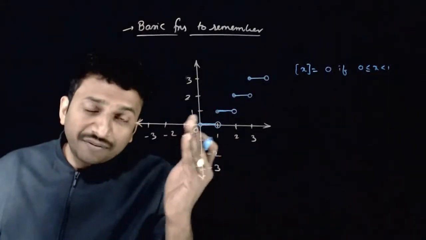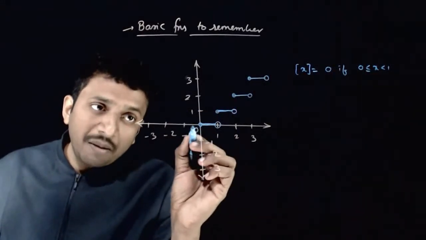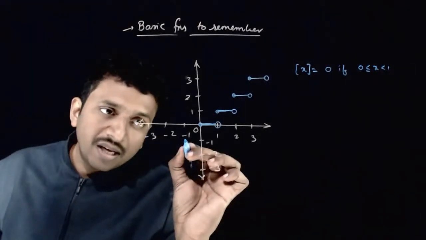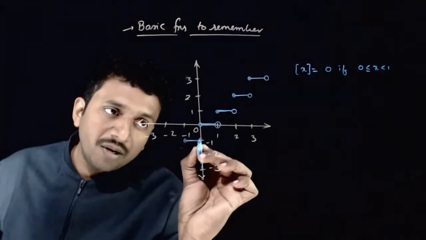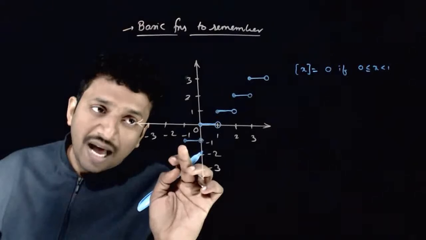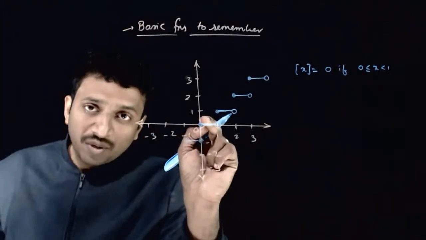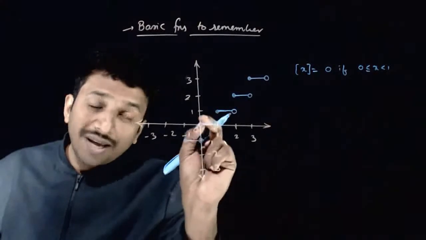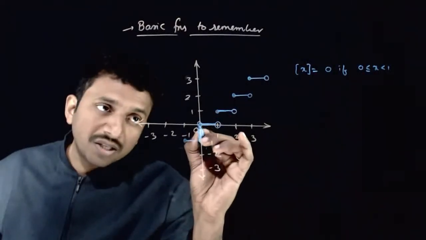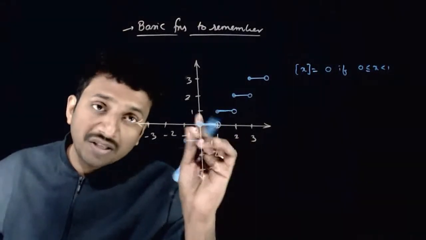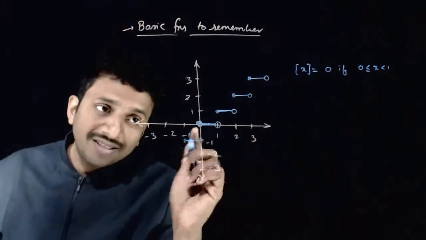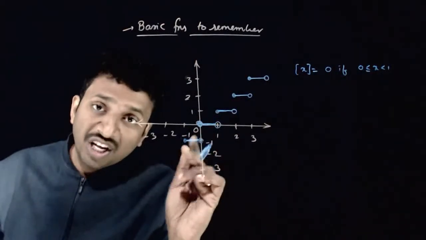And in the negative neighborhood, that is between -1 and 0, the graph will be equal to -1, right? You have a solid dot here, have a hollow dot here, because at 0, 0 works. When x is equal to 0, y is equal to 0. This is the point which works. Solid dot is the point which works. Hollow dot is the point which does not work.